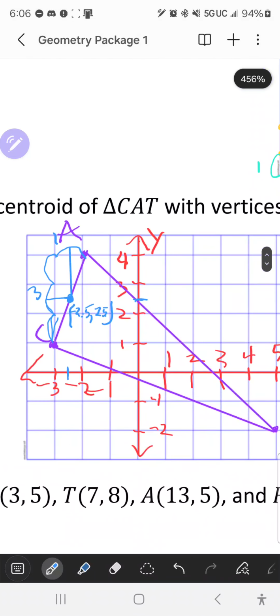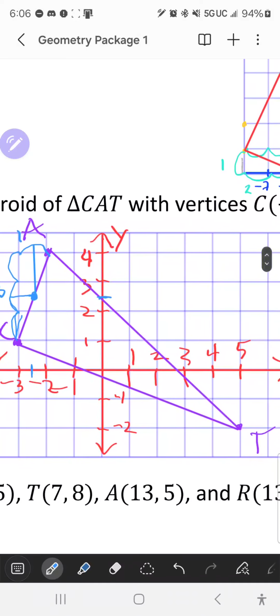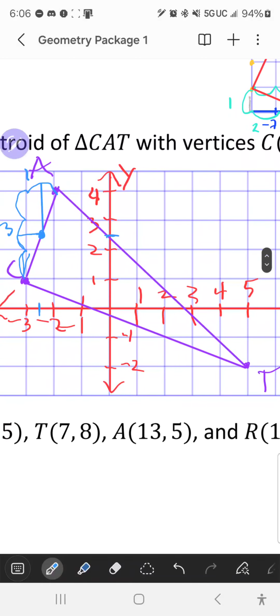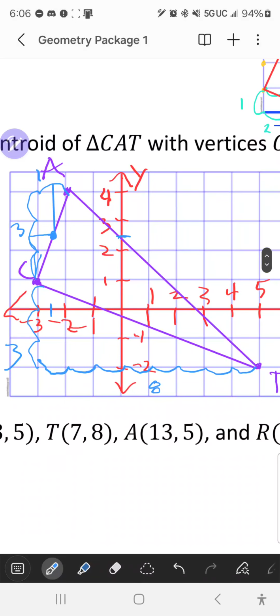Now I'll delete this since they're in the middle, but just to let you know, for this one it's 8 and this is 3. The middle point of 8 is 8 divided by 2, which is 4, so that's exactly 1 for the x coordinate.